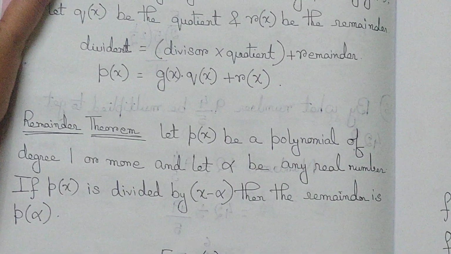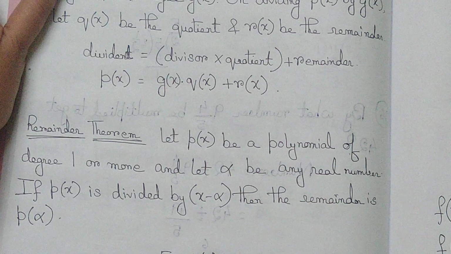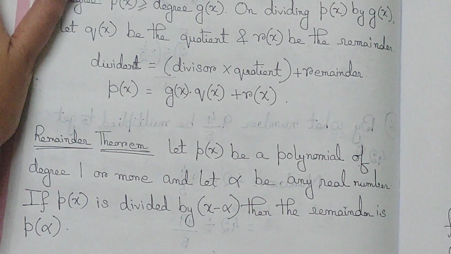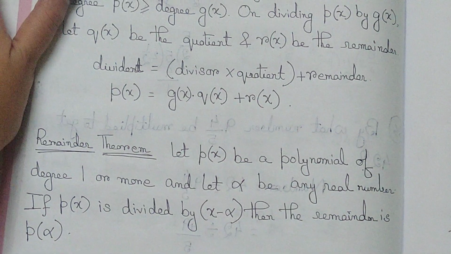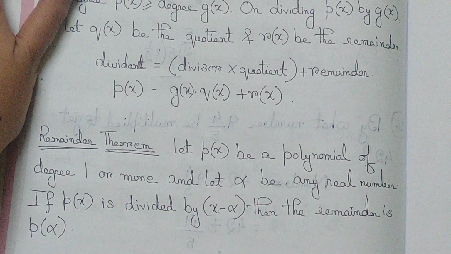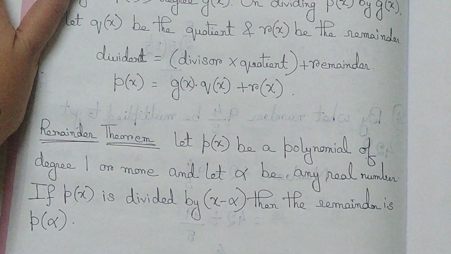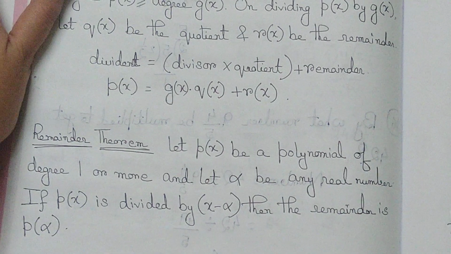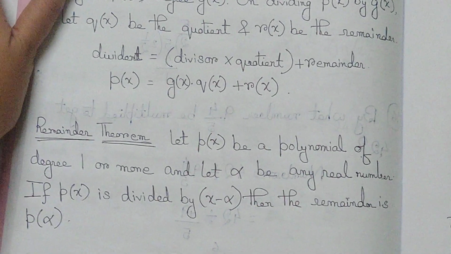That means there should be a polynomial p(x) with degree 1 or more, and alpha is any real number. If p(x) is divided by x minus alpha, then the remainder will be p(alpha). If we solve some sums, we will understand the application of the remainder theorem. So let's start with the sums.